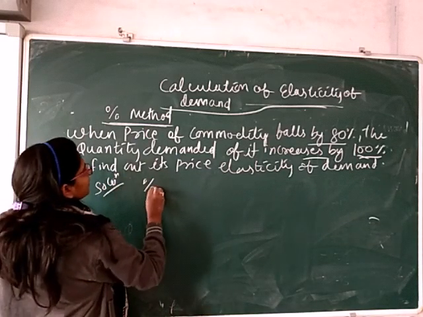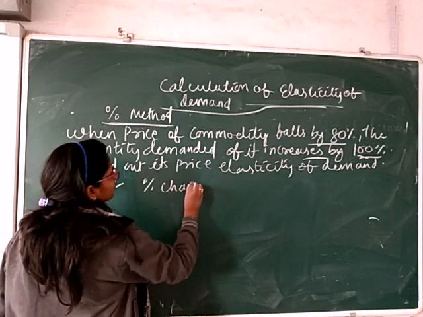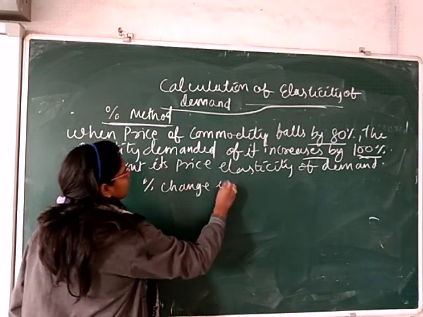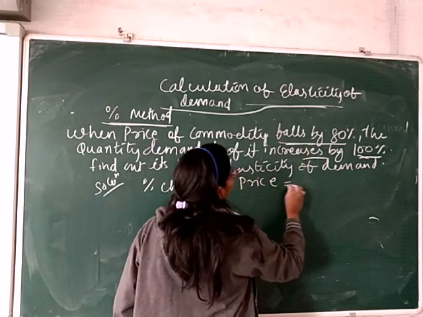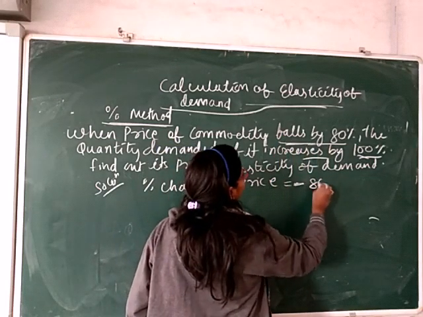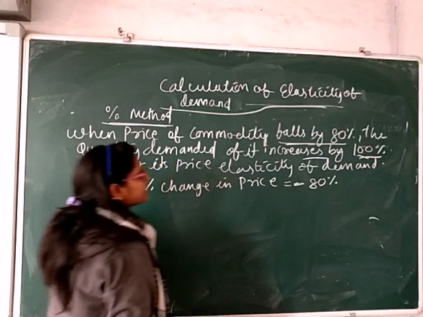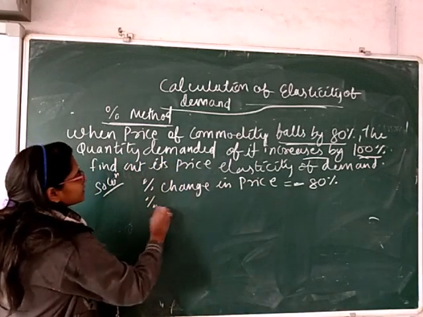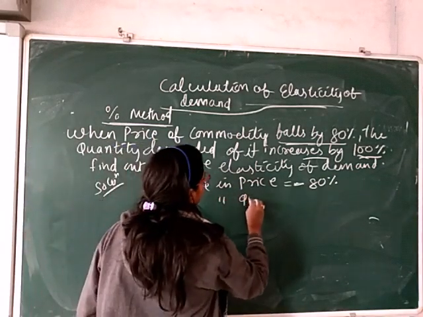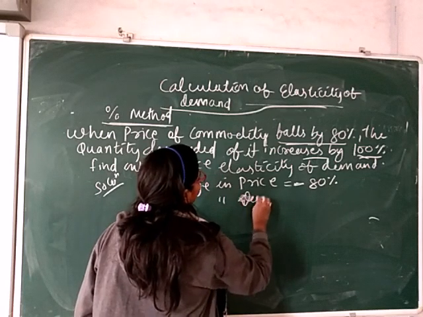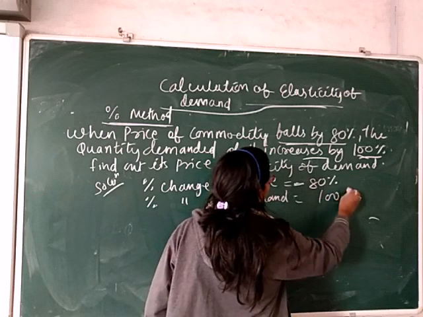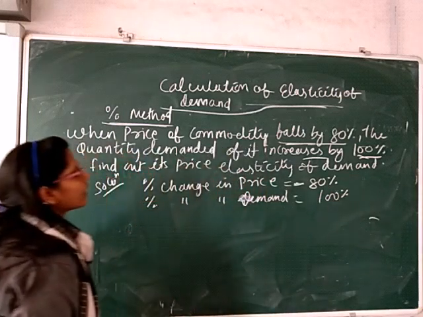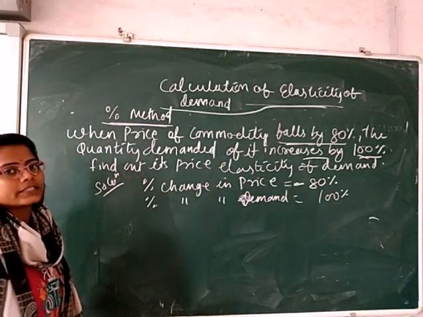The percentage change in price, as the price falls, will be in minus, so this is minus 80%, and the percentage change in demand equals 100%.